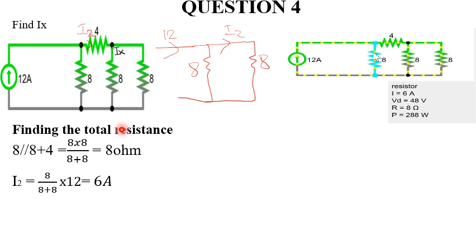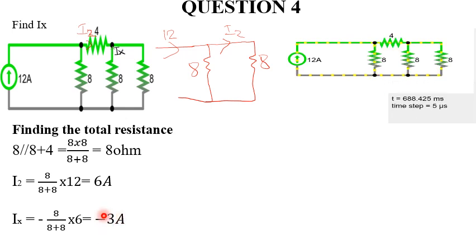Coming back here, we find Ix, but Ix is going against the direction of our current, so it becomes negative. So our formula now becomes minus 8 all over 8 plus 8 times 6. That is it, because I2 is this 8 all over the sum of the resistors times 6. So we get our current as minus 3 amps.